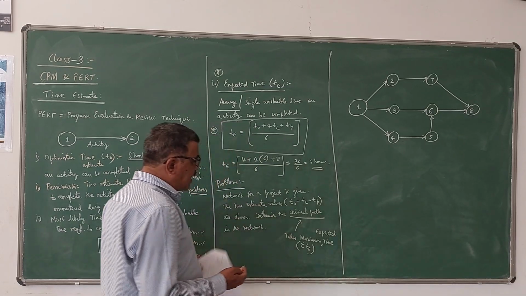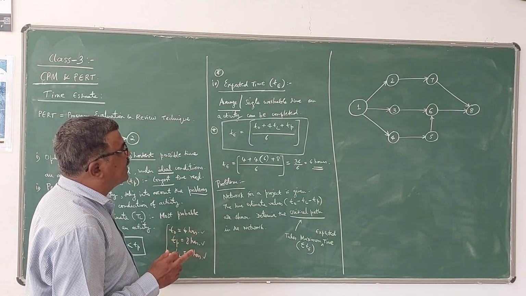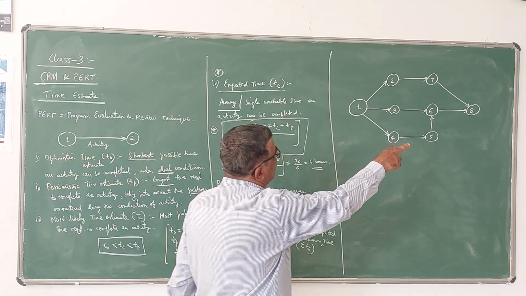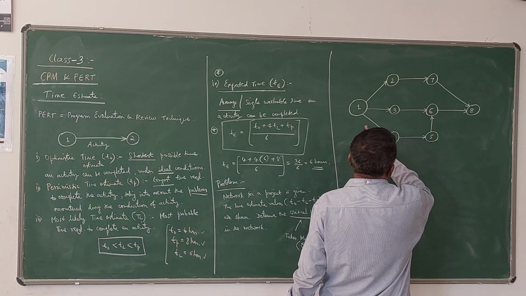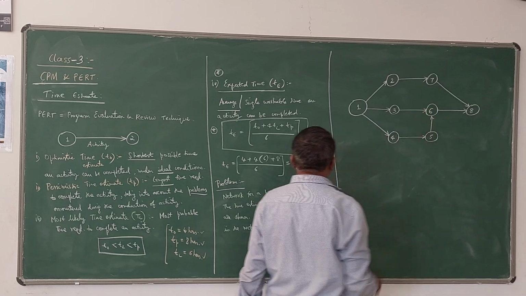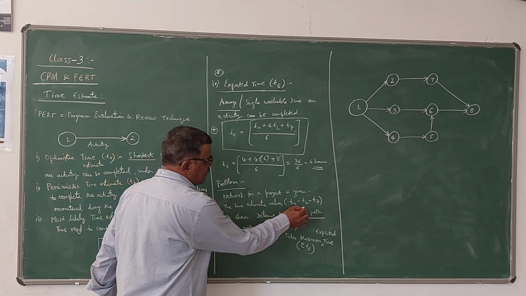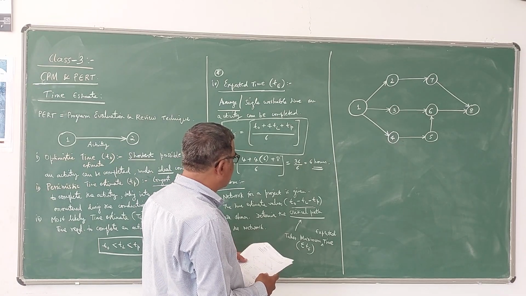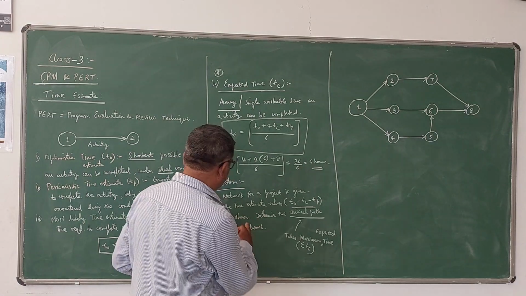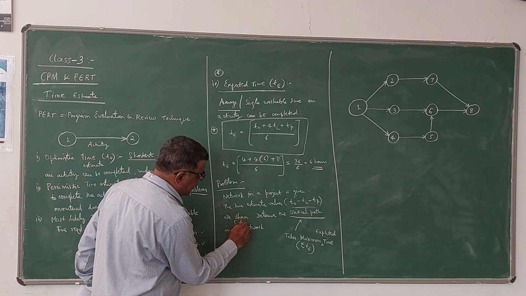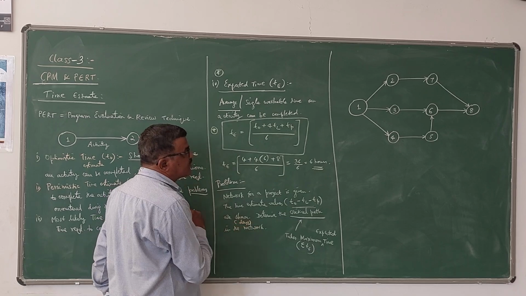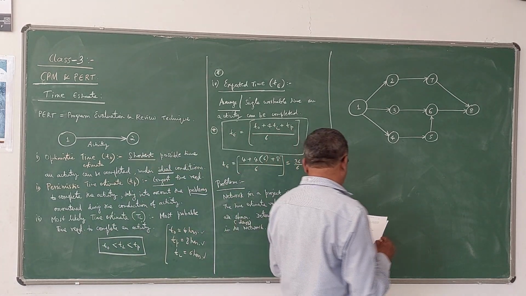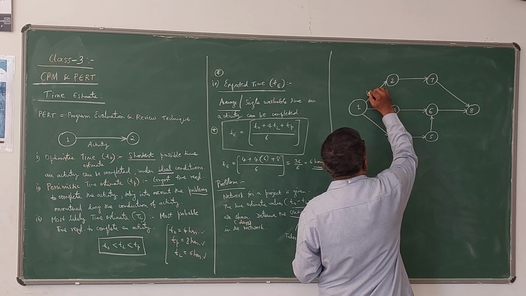Now the time estimates for each activity 1-2, 2-7, 7-8, 1-3, 3-6, 6-8, 1-4, 4-5, 5-6 are given in this fashion. They are given in days. So 1-2 is 6, 8, 11.